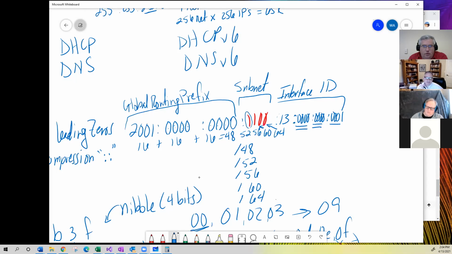And so if you get a number from the registry, let's say you need a grouping for St. Martin's, and they want to migrate to IPv6.